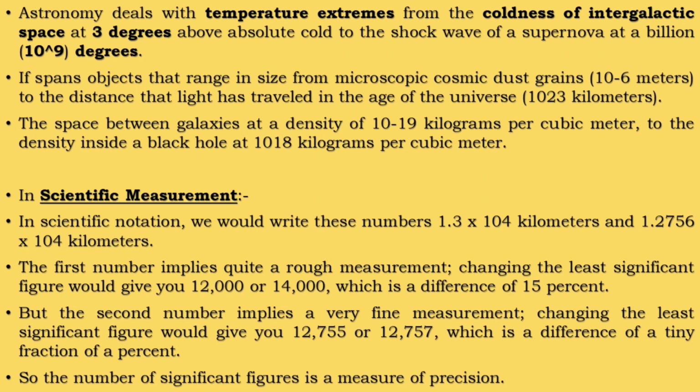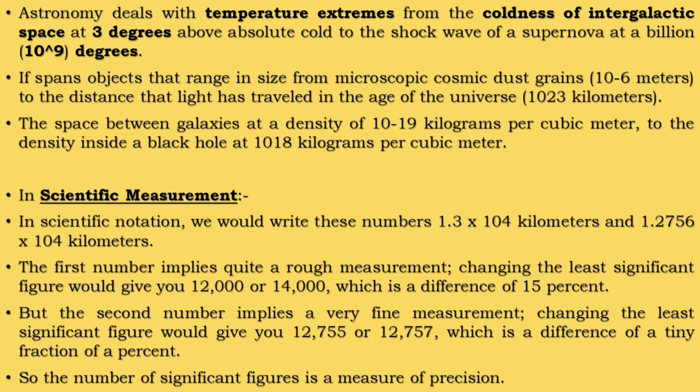It spans objects that range in size from a microscopic cosmic dust grain, that is about 10 to the power minus 6 meters, to the distance that light has traveled in the age of the universe, that is about 10 to the power 23 kilometers. Densities range from the sparse space between galaxies at 10 to the power minus 19 kilogram per cubic meter to the density inside a black hole at 10 to the power 18 kilogram per cubic meter.